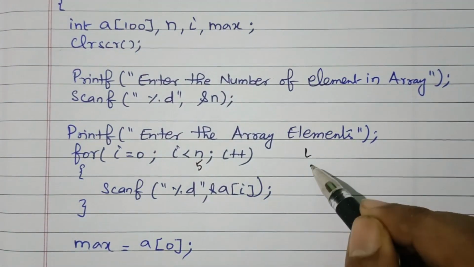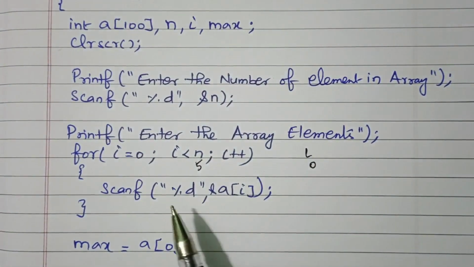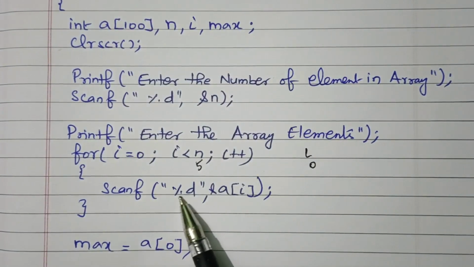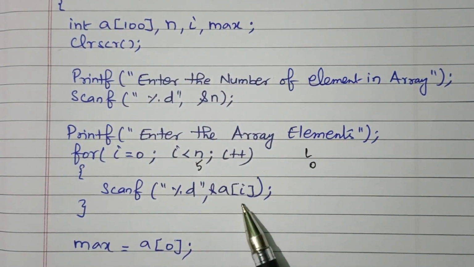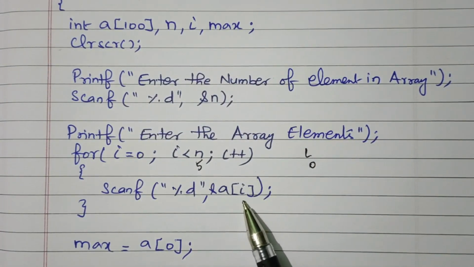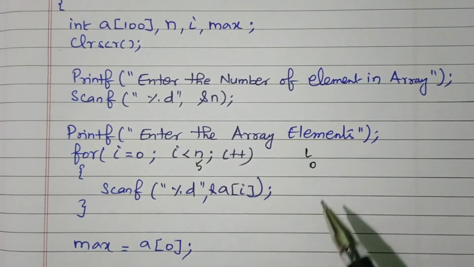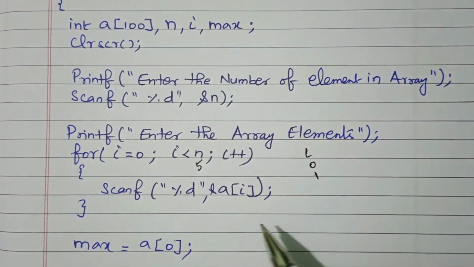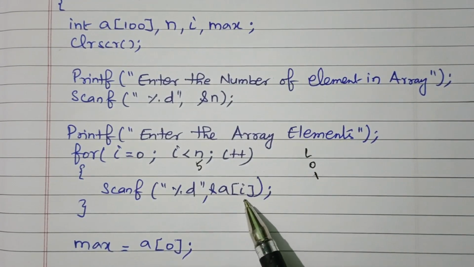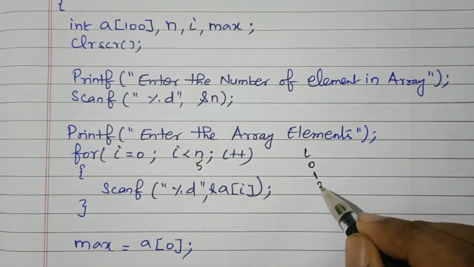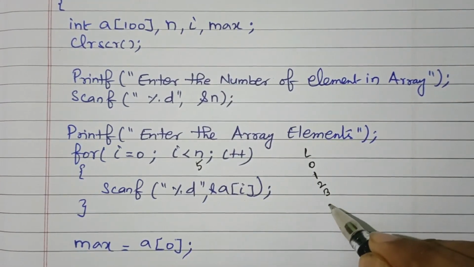So initially i value is 0. scanf %d integer type and address of a[i], that is a[0]. The first number the user entered will be stored in a[0]. Then it will go to the increment. i becomes 1. So the second number will be stored in a[1]. Like that it will go a[2], a[3], a[4].